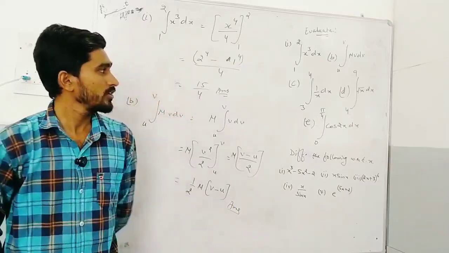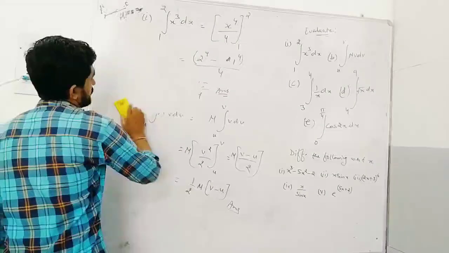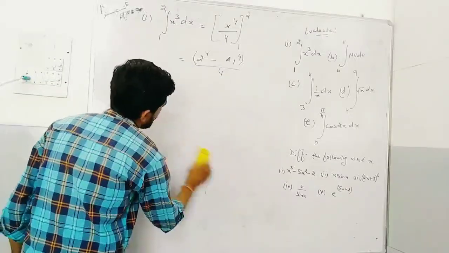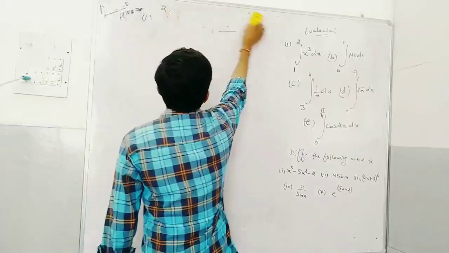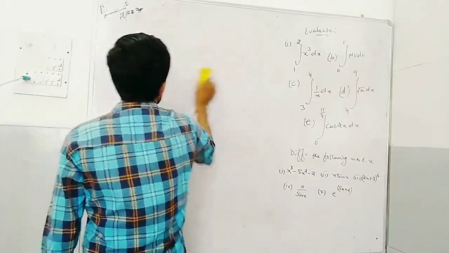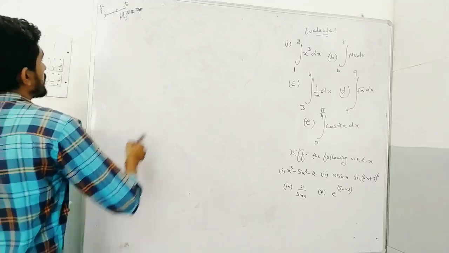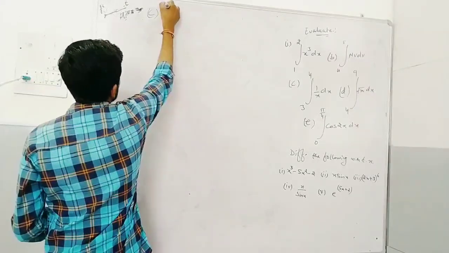This is B part. For C part, note it faster. We have integration of 1 by x dx from 3 to 4.